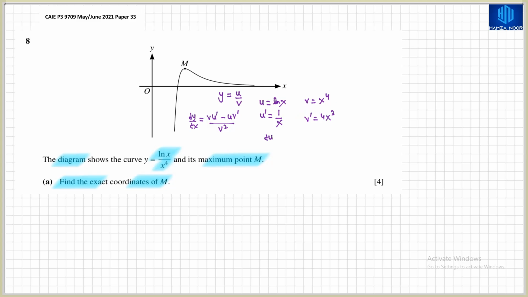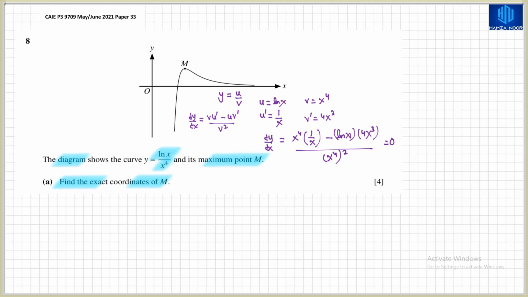So dy over dx equals x raised to the power 4 times 1 over x, minus u times v dash, which is ln x multiplied by 4x cubed, completely divided by v squared, meaning x raised to the power 4, squared. We need to equate dy over dx with 0 because we need to find the maximum point.